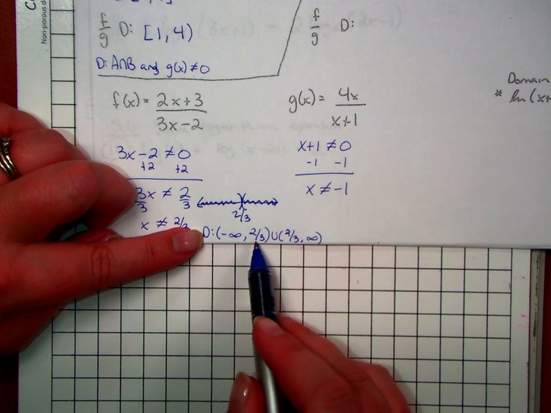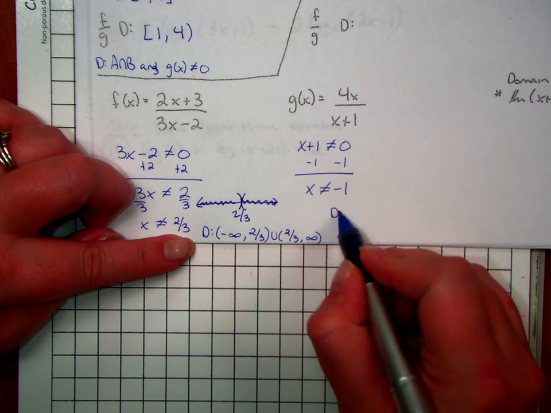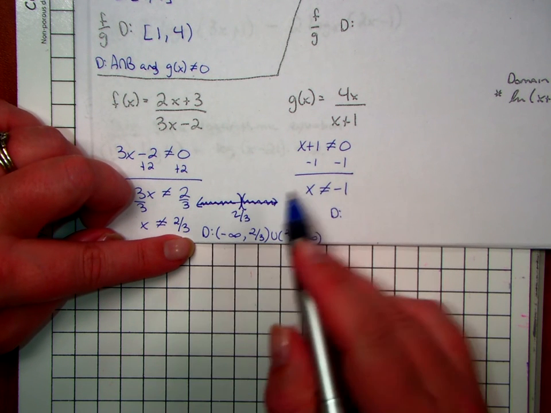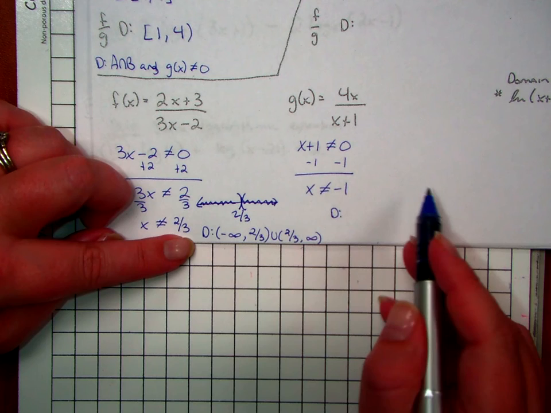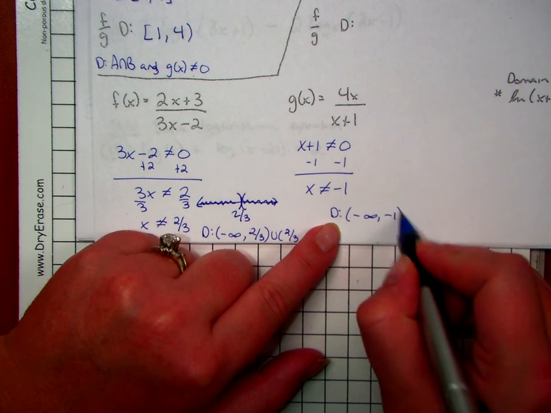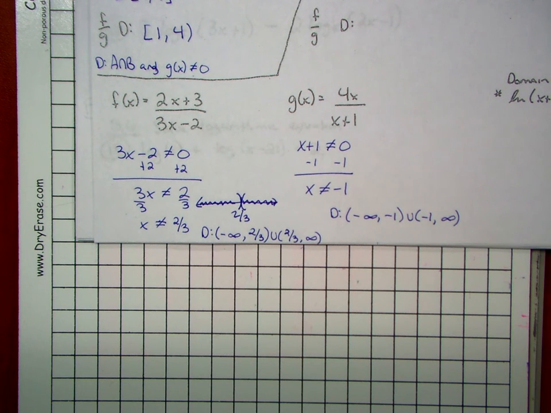It's all the numbers less than 2/3 and all the numbers greater than 2/3. So similarly here, x can't equal -1. All the numbers less than -1 work, all the numbers greater than -1 work, and so we get negative infinity to -1 and -1 to infinity. That would be the domain.